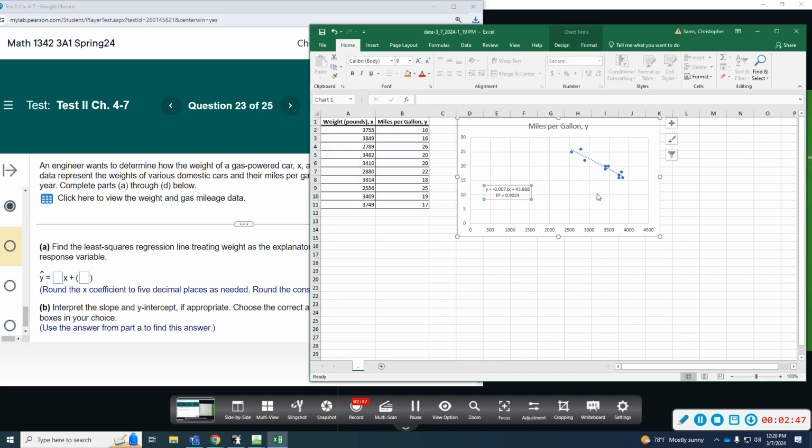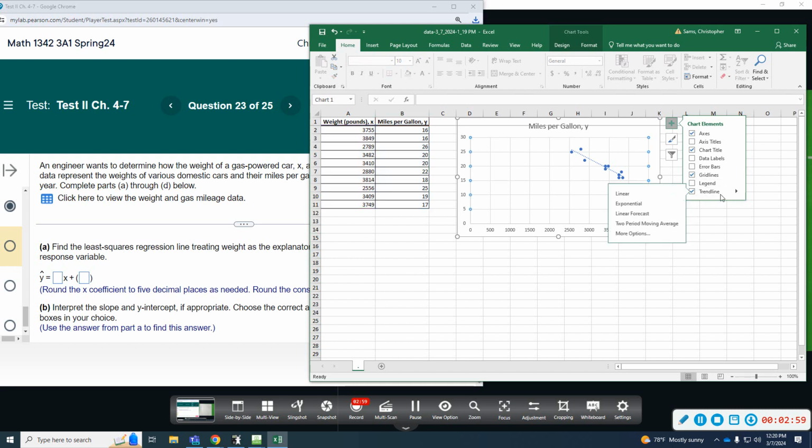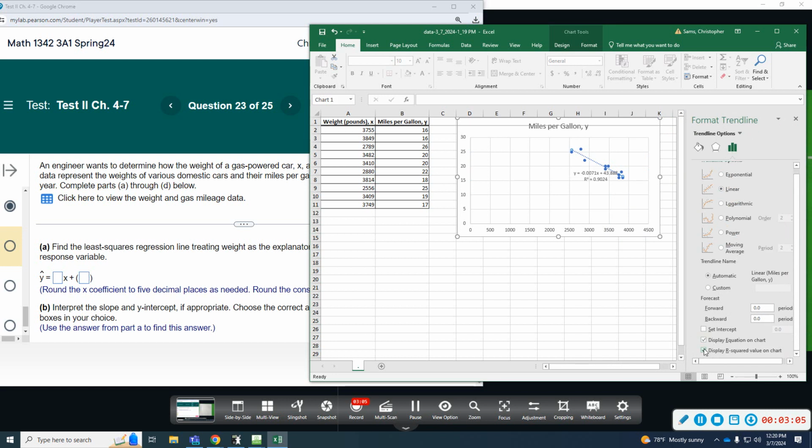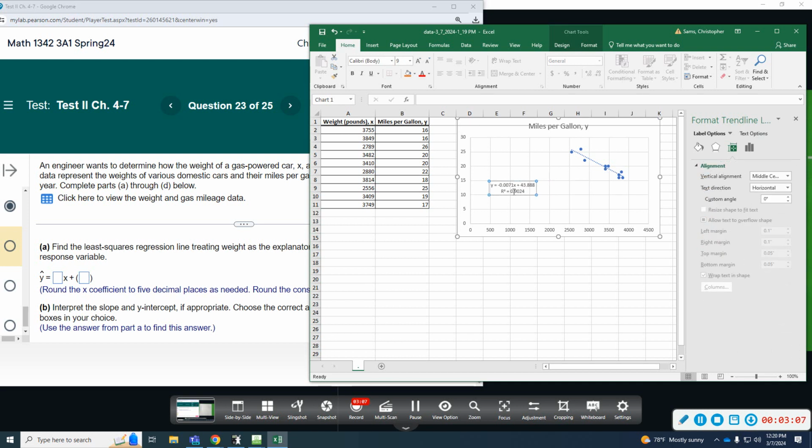So remember how we found more decimal places? We're going to go to more options. Let's get this both on there. Okay, so once this is up, go to options, general, here we go, number, and we want to show 5 places.